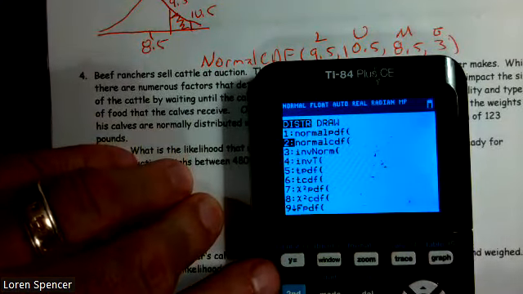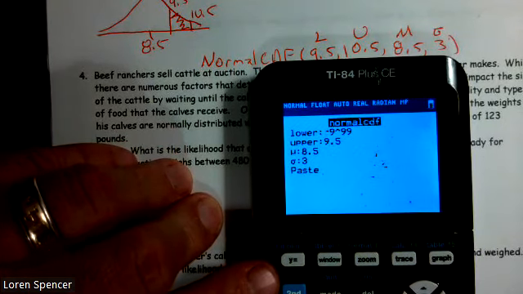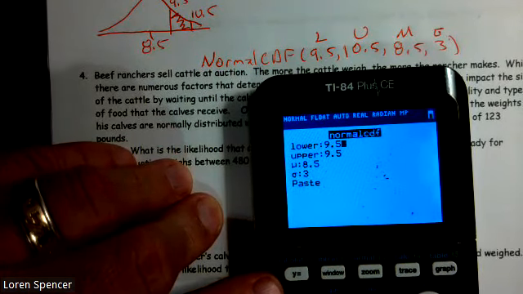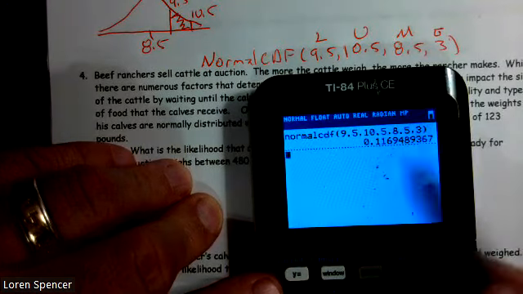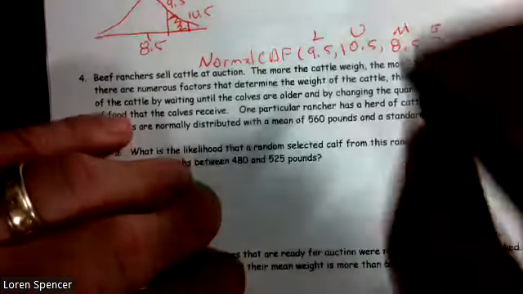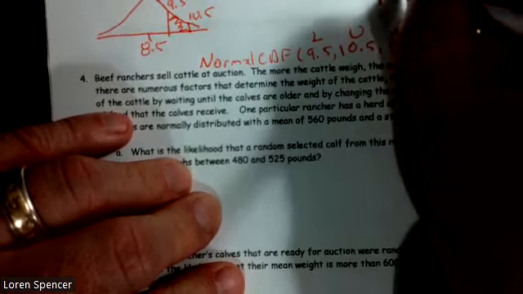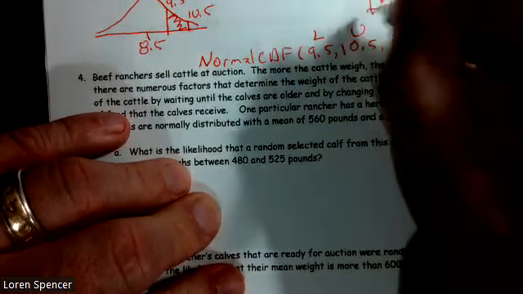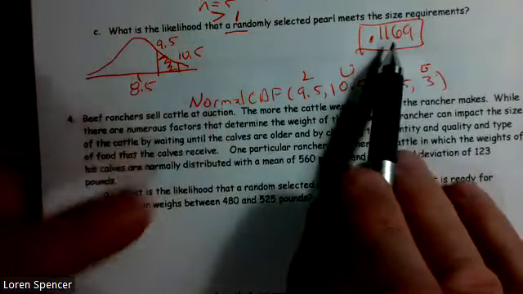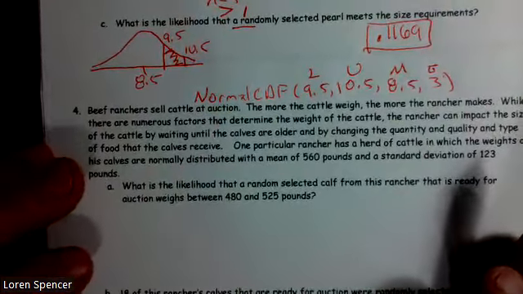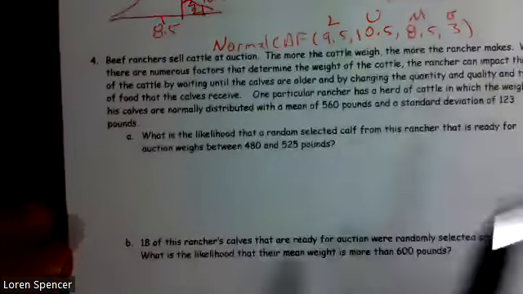Second bars, normal CDF, lower bound 9.5, upper bound 10.5, mean 8.5, standard deviation 3, and we end up getting 0.1169. Again, this is all the work that we need to see. The picture, calculator commands, and of course, the resulting probability.